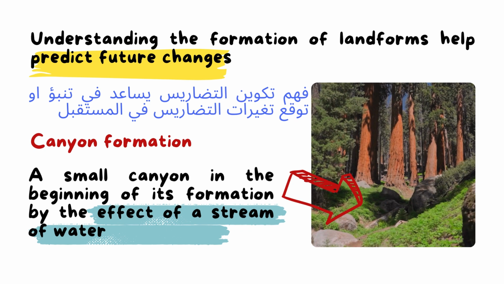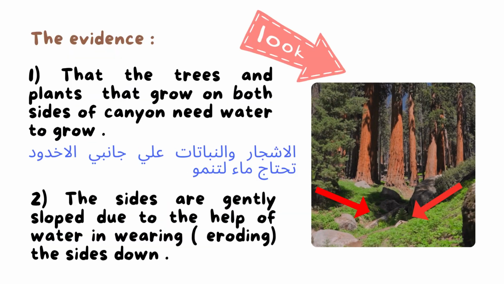Now we have a small canyon at the beginning of its formation, not very deep. And this canyon is formed by what? Yes, the effect of a stream of water. Now, the evidence that the canyon is formed by a stream of water.